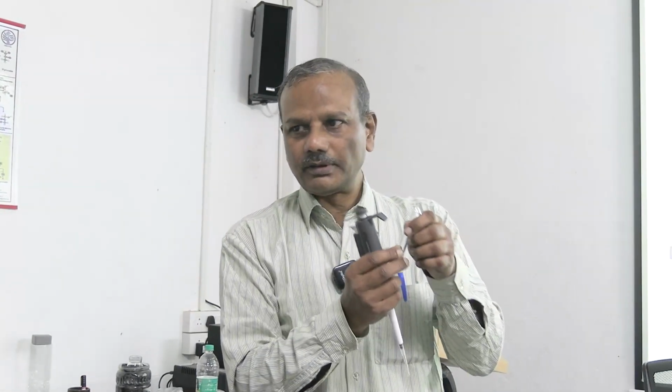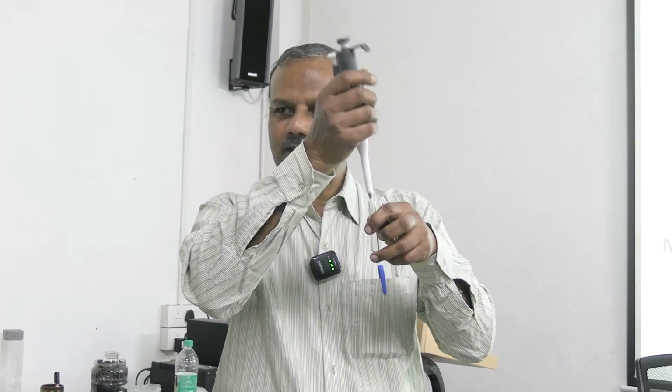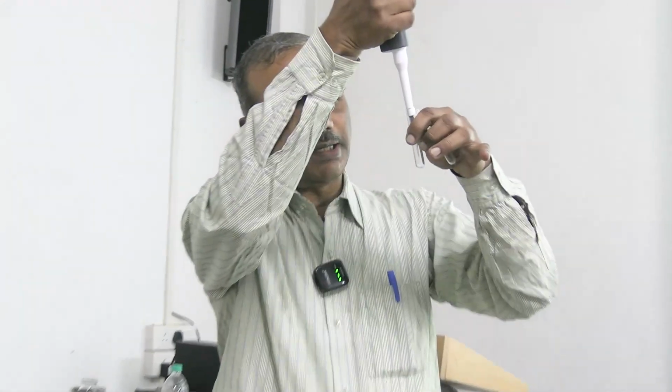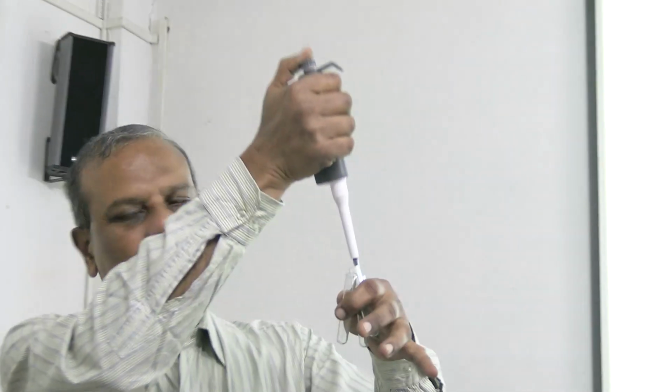This is a smaller pipette, that will pipette 10 microliter. Since this is higher volume, you can take the other way around also. You can take the sample first also. You put the reagent at the end. Either way you can do it.